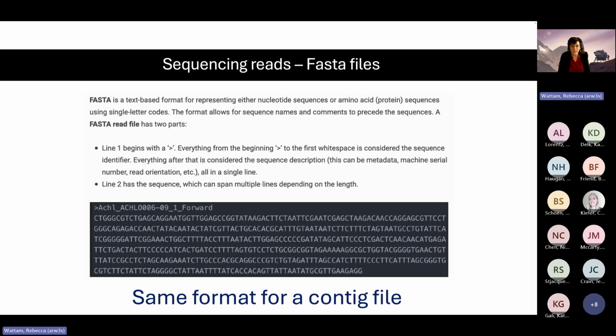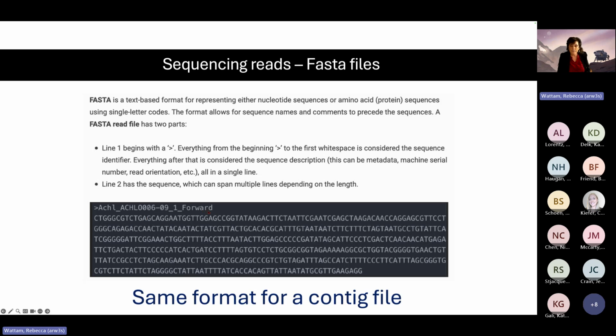The same format is used for a contig file, which is what you have when you have an assembly, when it takes all of these thousands or millions of reads, brings them together and says, this is how I think these look in the chromosome or in whatever segment it is. If it was a contig file, it wouldn't have this forward strand here.